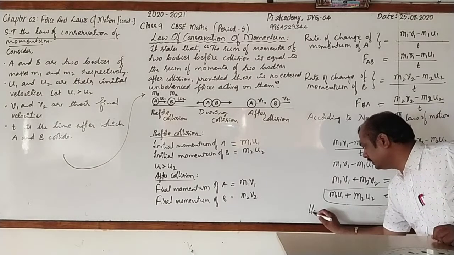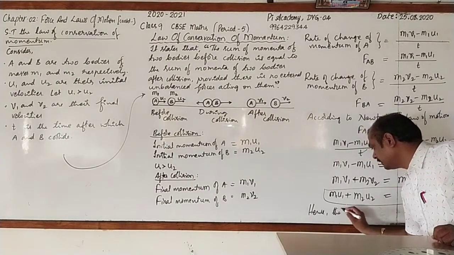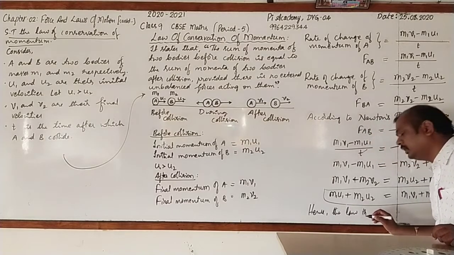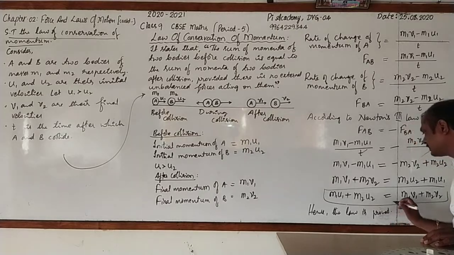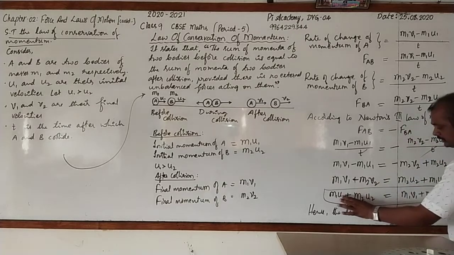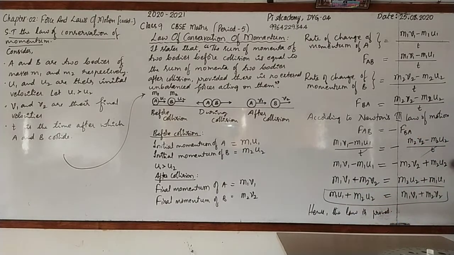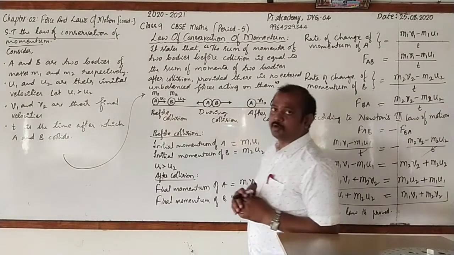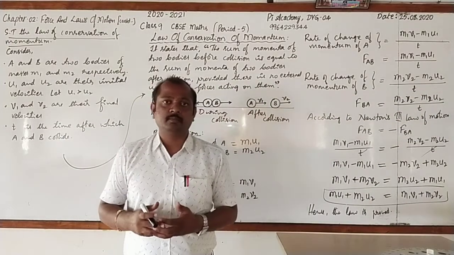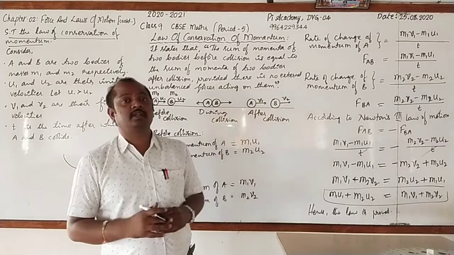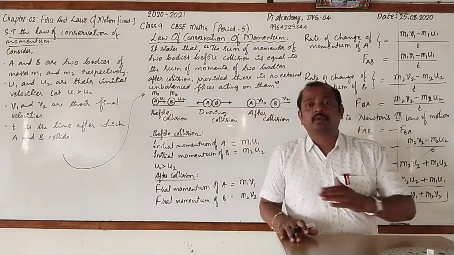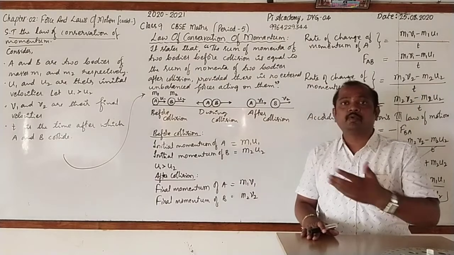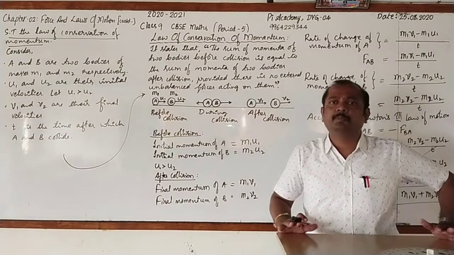Hence the law is derived or proved. The sum of momenta of two bodies before collision is equal to the sum of momenta of two bodies after collision, provided there is no external unbalanced forces acting on them. Got it? Okay, after copying this, we will go for solving some of the important problems.